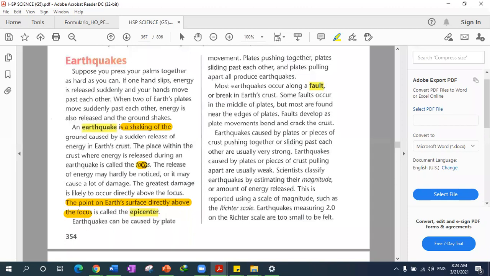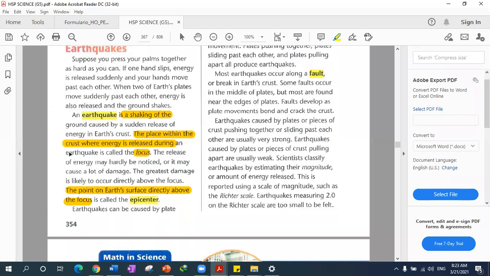Okay, so what is focus? Again, can someone tell me what is the focus? It's the area that all the energy comes from. Yes, it's the place within the crust where energy is released during an earthquake. It's like the source of the energy. So we have three definitions so far: earthquake, focus, and epicenter.